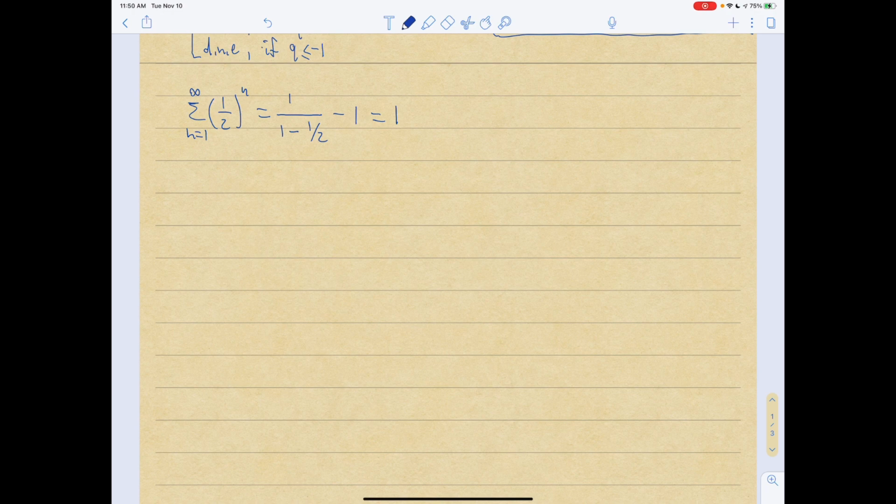Okay, so let's try another one. Number 3. Sum n equal to 2 to infinity, let's say, of 5 to the n minus 1 times 3 to the n plus 2, divided by 2 to the power 2n.